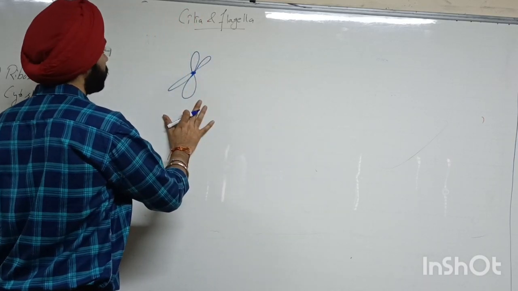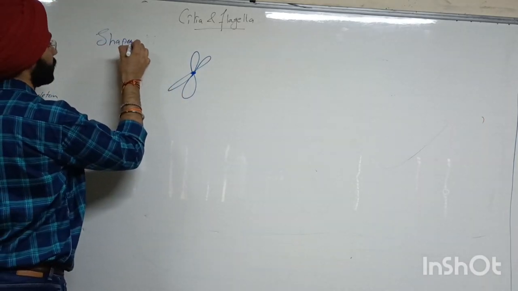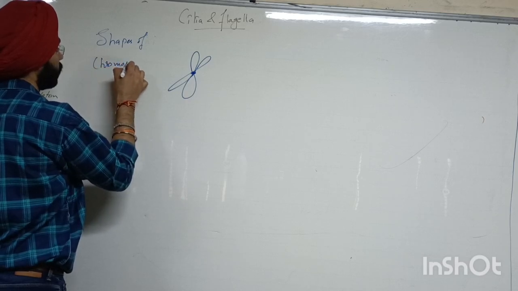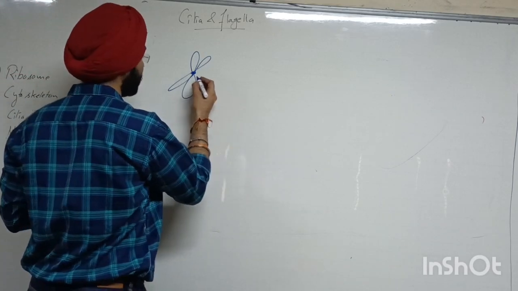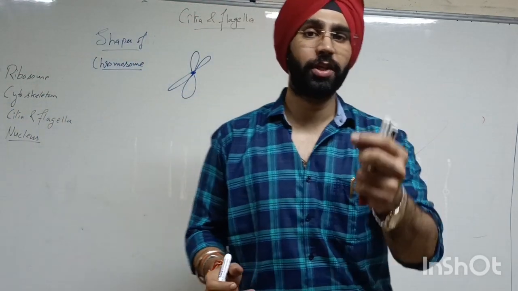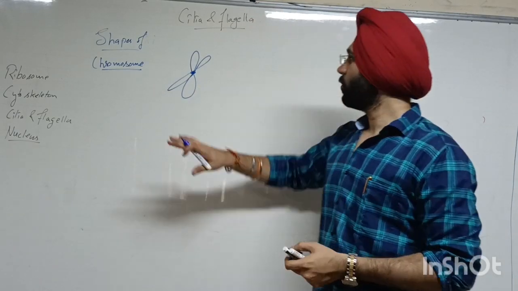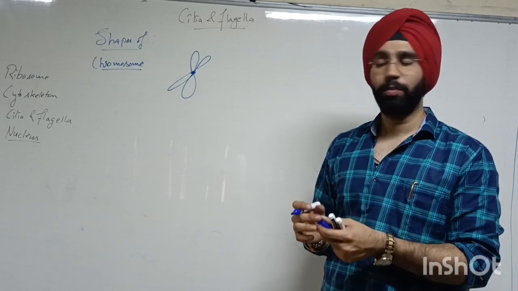Let me write it down: shapes of chromosome are as follows. The shape of a chromosome depends on the position of the centromere on the chromosome. So if you want to understand the shape of a chromosome, you need to first focus on where the centromere is present.